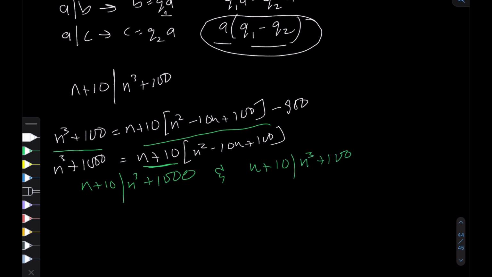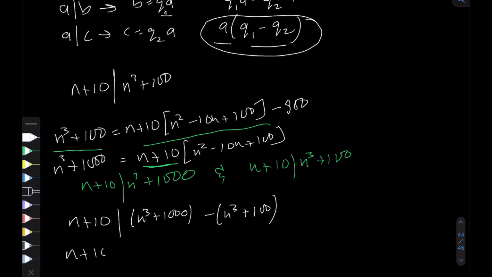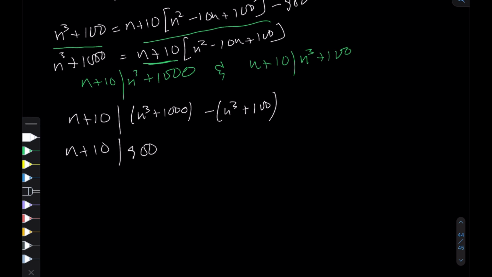So we can very conveniently say that n plus 10 must also divide n cube plus 1000 minus n cube plus 100. In other words, we're reaching the same conclusion that n plus 10 divides 900, and the largest possible n that divides 900 would be n equals 890, and we are done. QED.